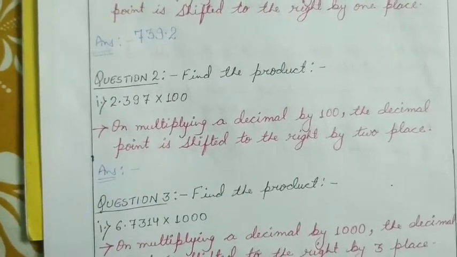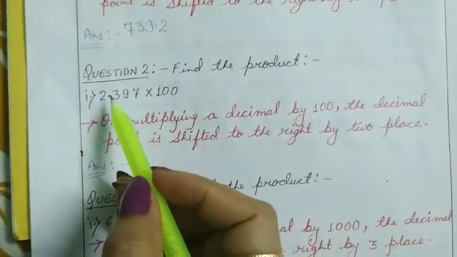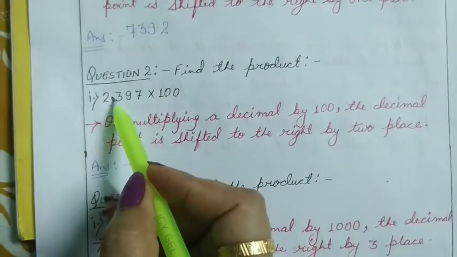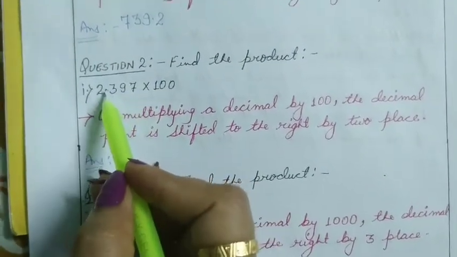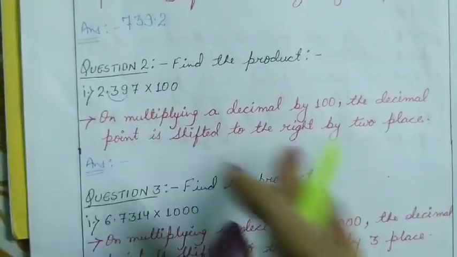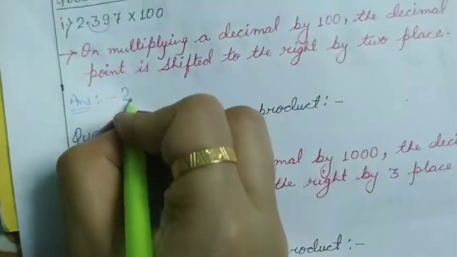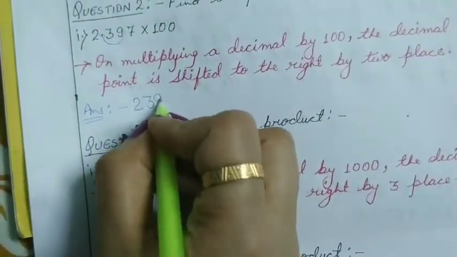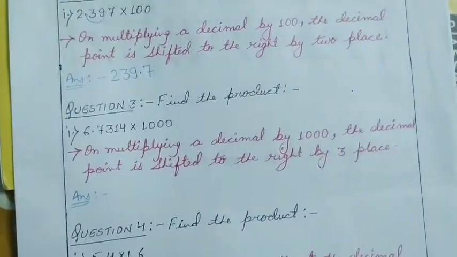So the decimal is shifted right by 2 digits. That means the decimal comes to this side. So the answer will be 239.7.